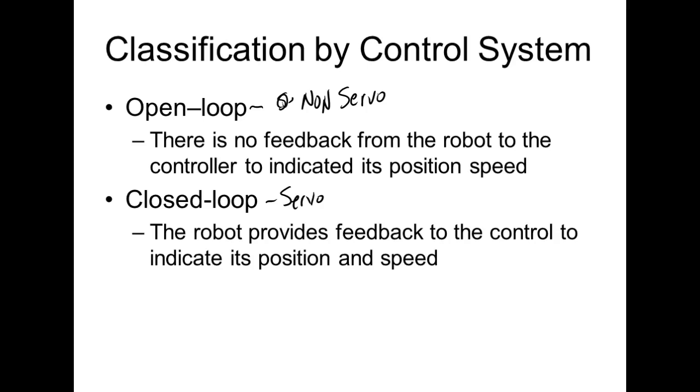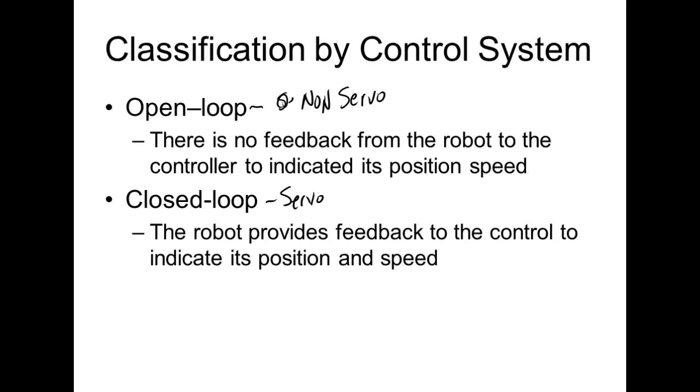So if I want to move the tool center point on one of those robots at 100 millimeters per second, then how in the world would it know it if there wasn't feedback saying I'm going at this speed? We talked about this the other day: if you've got cruise control on the car, as soon as you hit that, you are in a servo system.